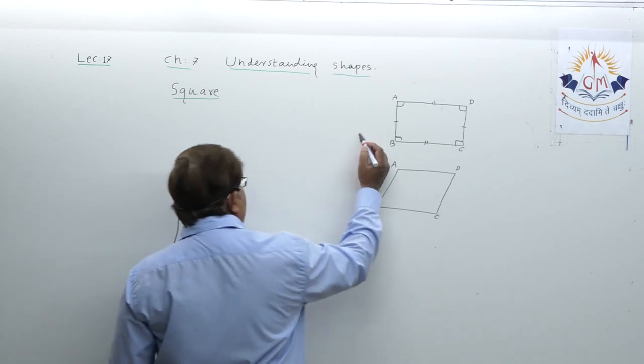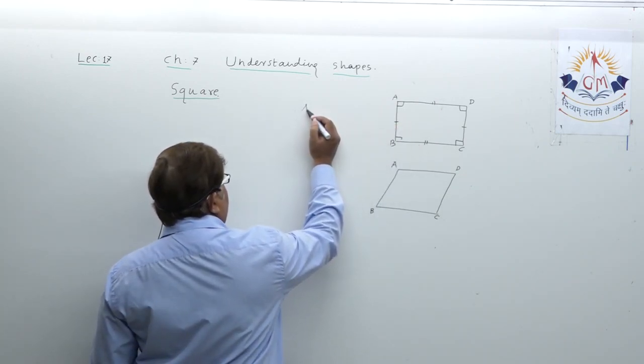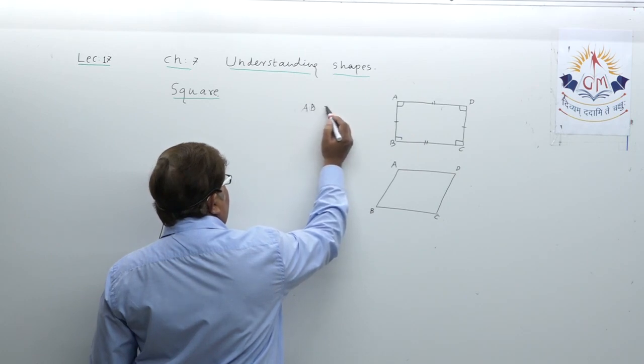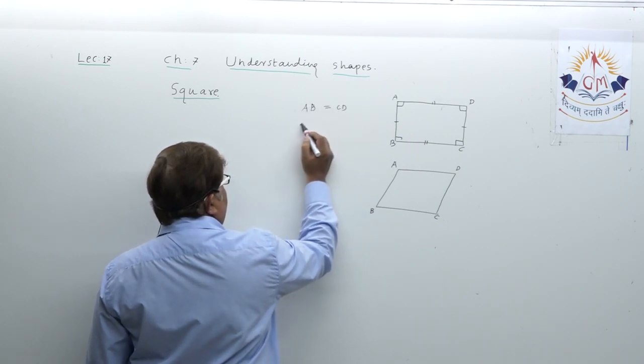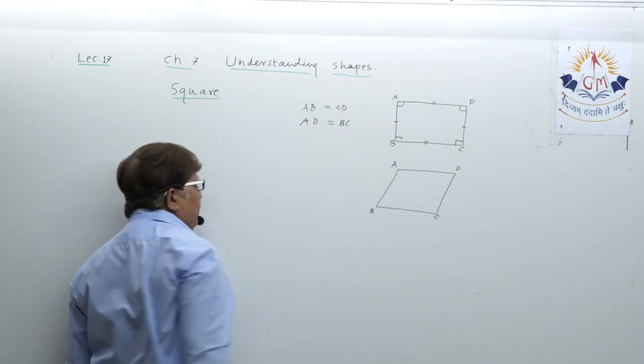Here, dear student, this rectangle has opposite sides equal, that we know. AB equal to CD and AD equal to BC. This is what you know.